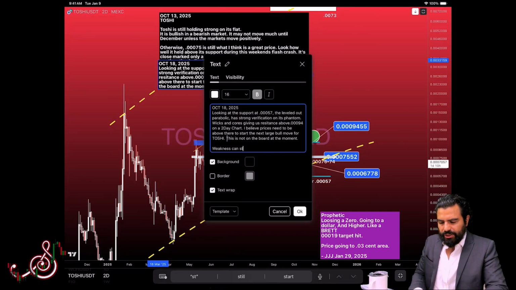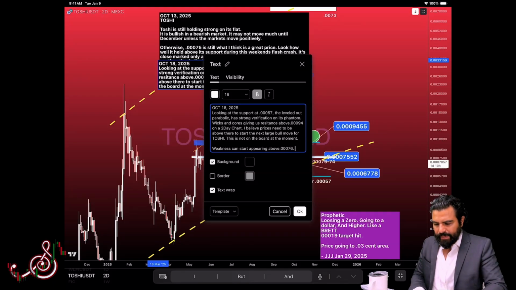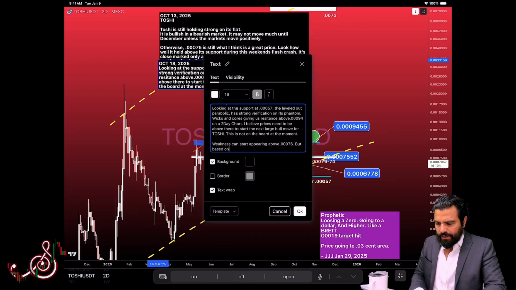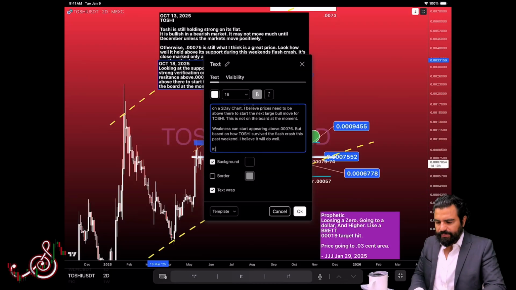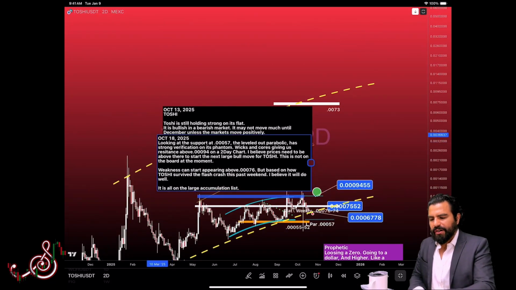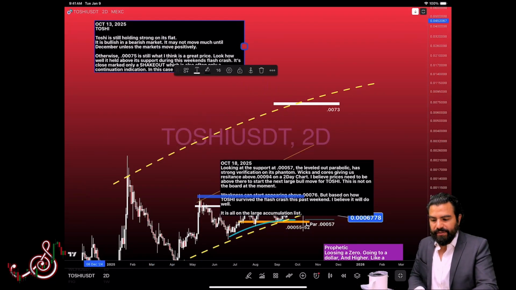Weakness can start appearing above 0.00067, but based on how Toshi survived the flash crash this past weekend, I believe it will do well. It is also on the large accumulation list, and that means in the future I'm looking for it to make massive moves, guys, massive moves.